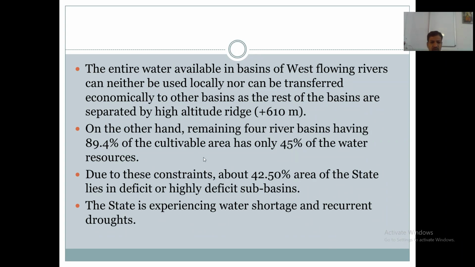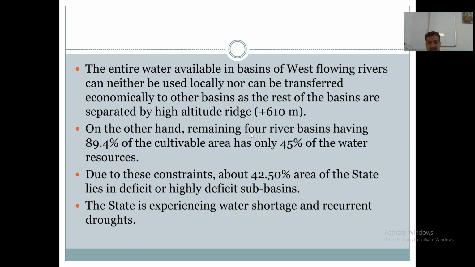The water which is available in the basins of the west flowing rivers can neither be used locally nor be transferred economically to other basins.